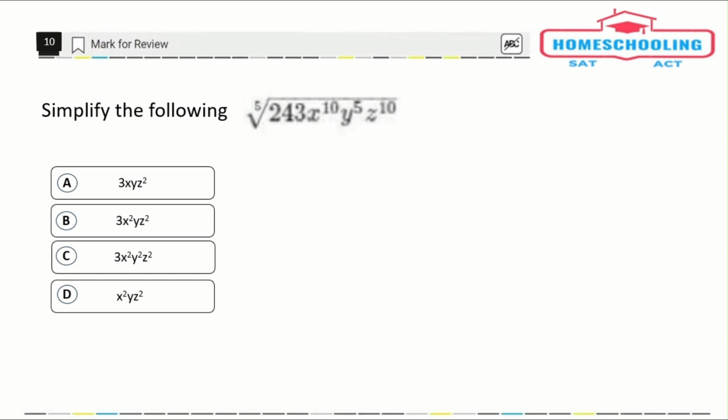Finally, we came to the fractional exponent rule here. In the exponent rule, we have learned that a to the power m divided by n is equal to the nth root of a to the power m.